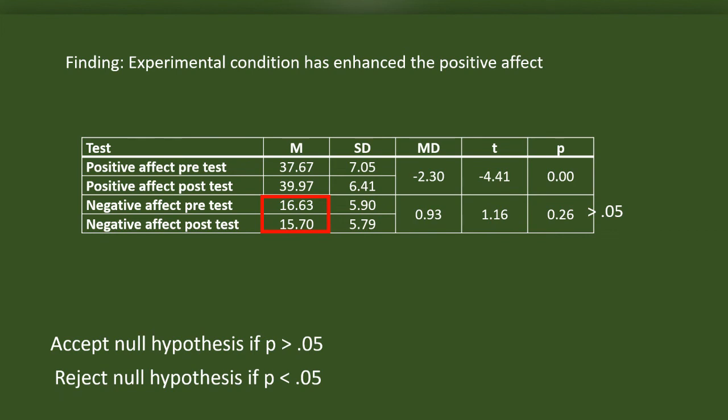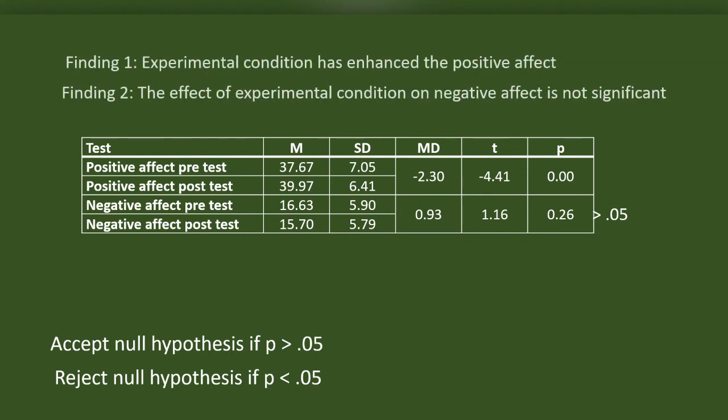There is a decrease in the negative affect, and the T equals 1.16 indicates this change, but P indicates that this difference is not significant. Mean difference is 0.93. Based on this, I am confirming the second finding: the effect of the experimental condition on negative affect is not significant.